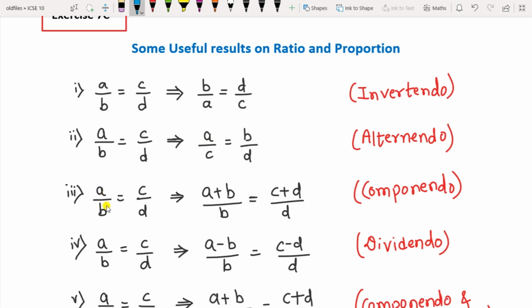Same given ratio a by b equal to c by d. If you add the denominator to the numerator, this will be (a plus b) by b equal to (c plus d) by d. That is called componendo. And if you subtract the denominator from the numerator, it is (a minus b) by b equal to (c minus d) by d. It is called dividendo.